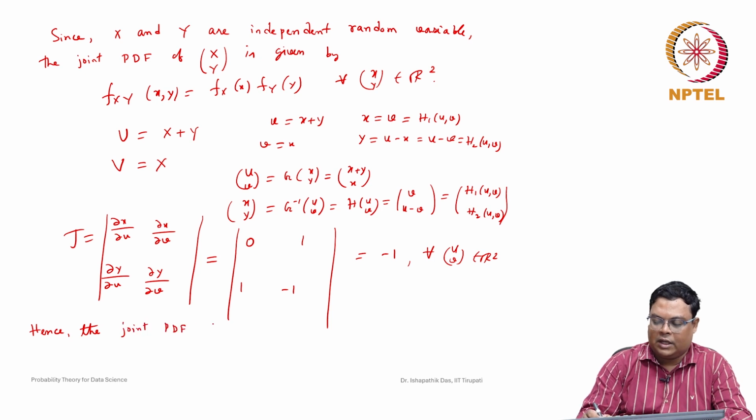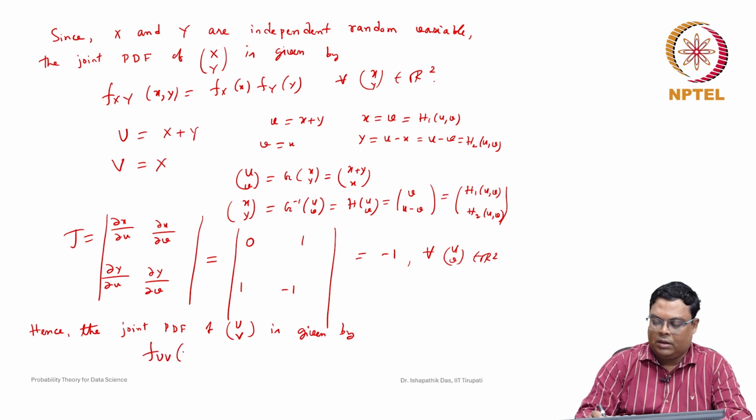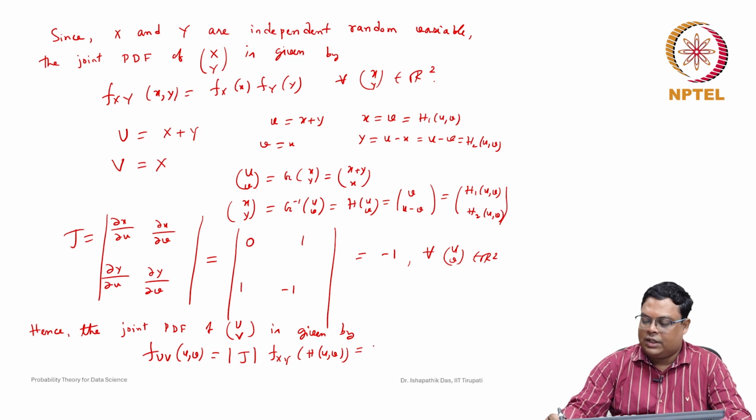Hence the joint probability density function of the vector (u, v) is given by f of (u, v), which is equal to, by the theorem, the absolute value of J times f of (x, y) evaluated at the inverse h of (u, v). Because J is 1, you can write f of (x, y) at h1 of (u, v) and h2 of (u, v).